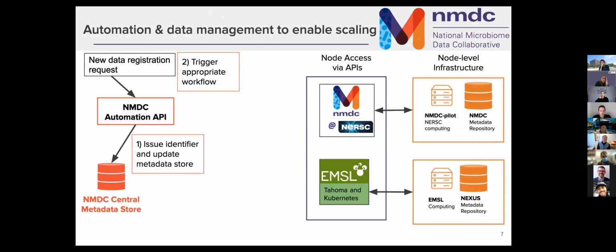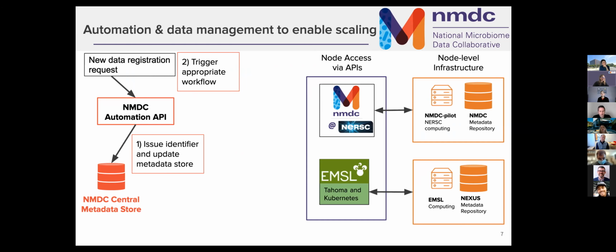So the workflows being done is certainly one thing, but we are also thinking about how to scale and how to manage these data writ large. So we've been developing an automation API that would allow us to register different sites for where the data is located, to register samples so that you can standardize and have all of your metadata be searchable.